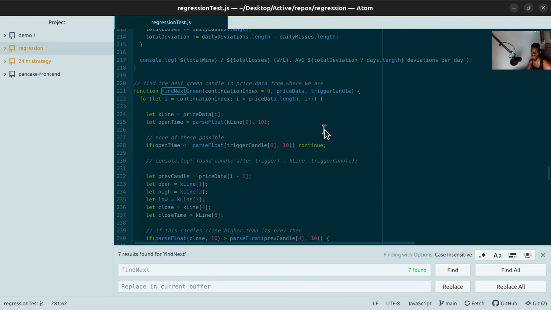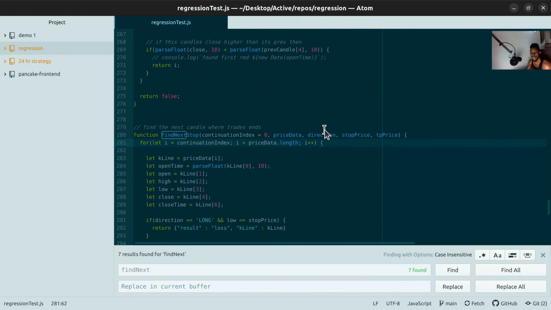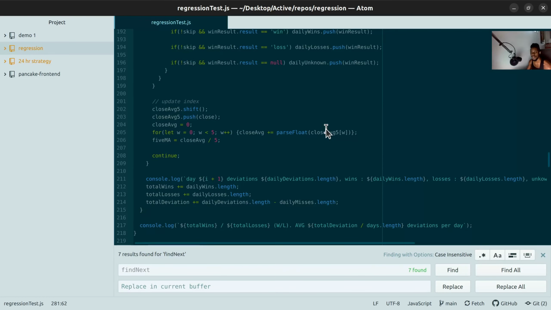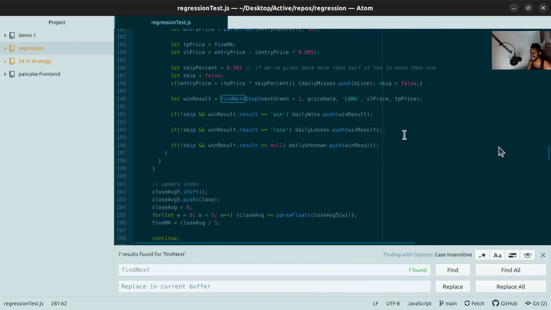Props to myself, that code was beautifully written and easily read. I didn't have to read a ton of things, because it helps when the variable names are pretty good.